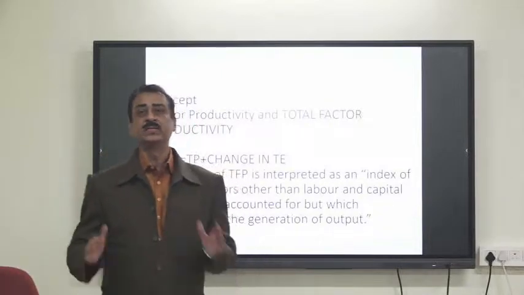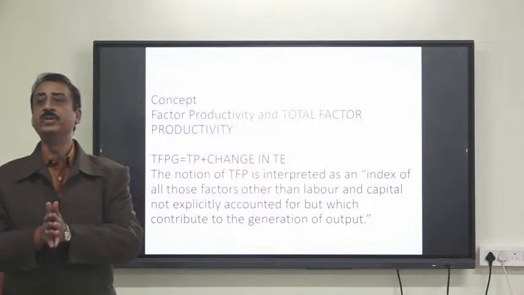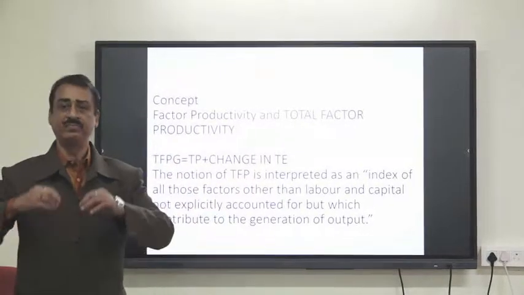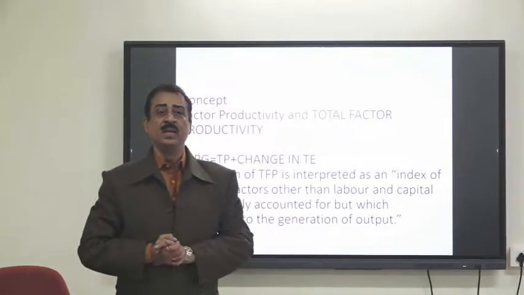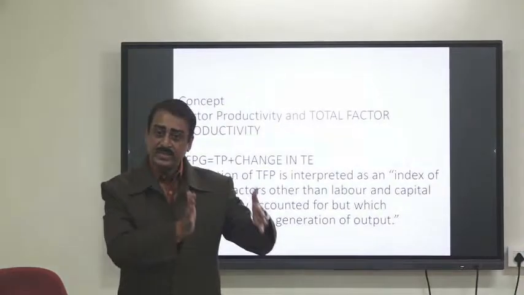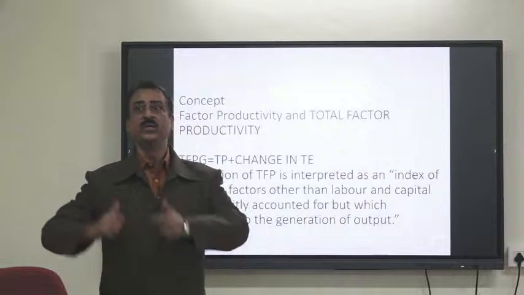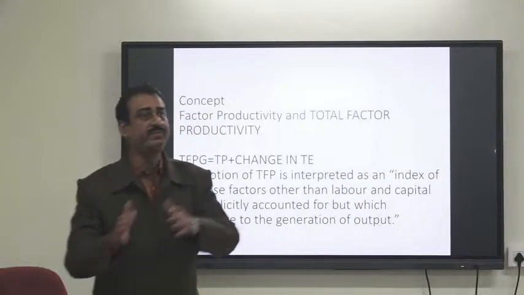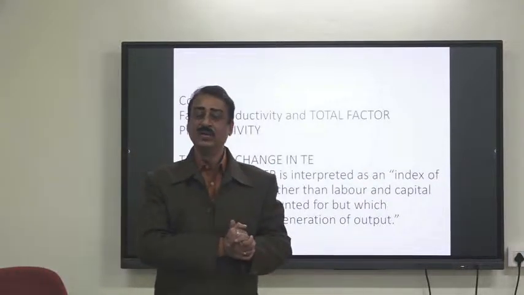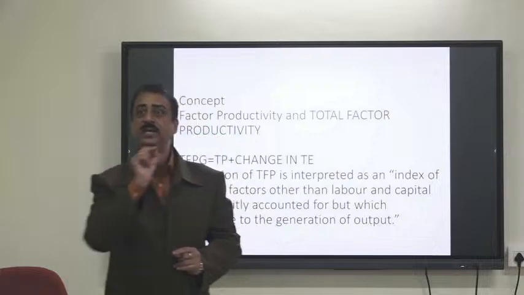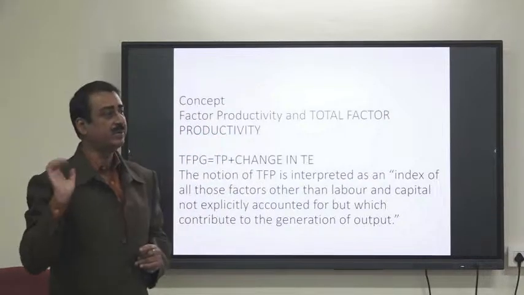Why? I tell you. Suppose you are producing 100 units of value added of, let's say, iron and steel. Now you can have alternative techniques of production. So you can engage 2 units of capital, 50 units of labor. Okay. So what is labor productivity? 100 divided by 50. That is your labor productivity.